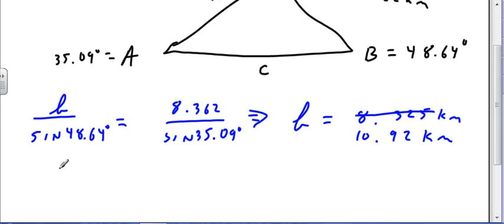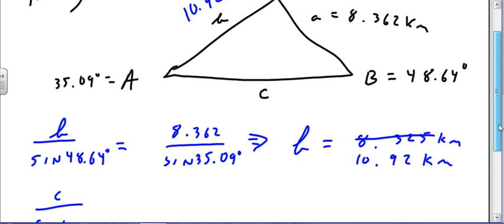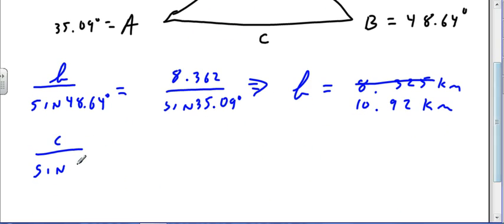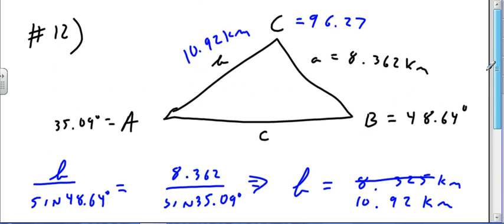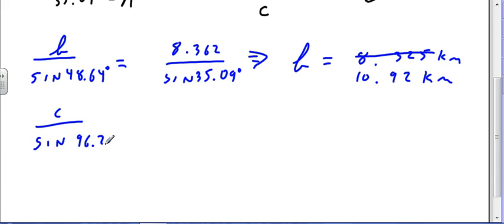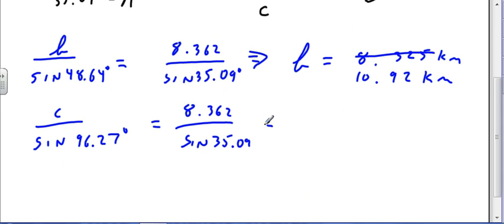So little c over the sine of 96.27 is equal to 8.362 divided by the sine of 35.09.